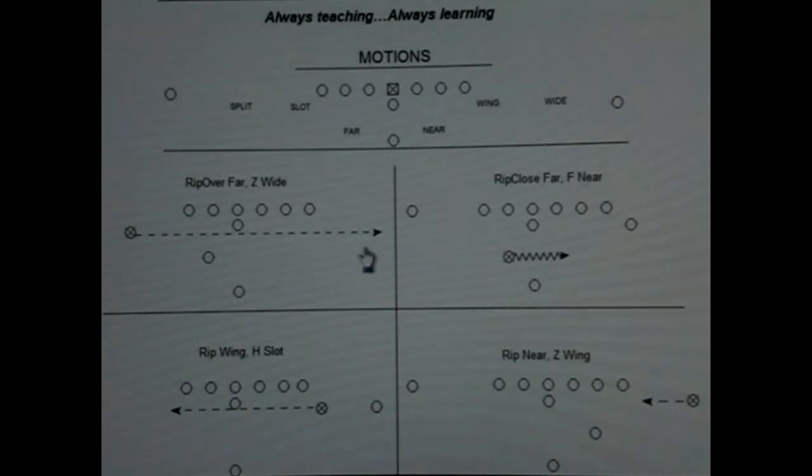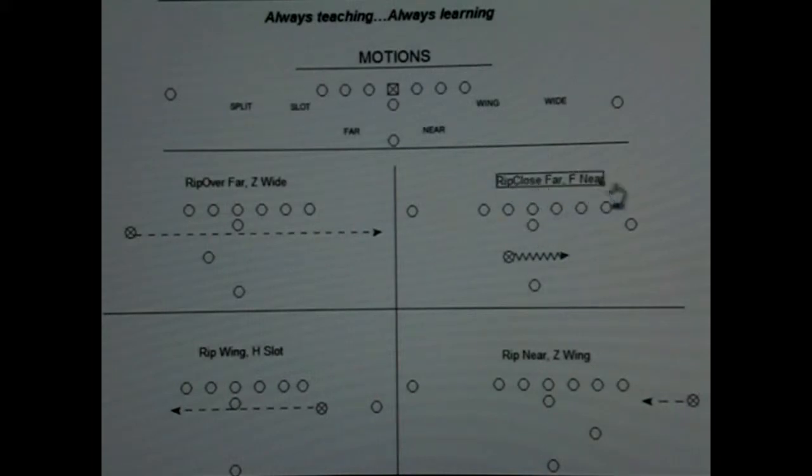The Z has come over from that side to this side. That's what the over is. So here is a rip, over. The fullback is in a far. Now we've added Z wide. The Z knows he's going in motion, and where's he going to be at the snap? He's going to be at the wide position. Well, that's pretty simple.